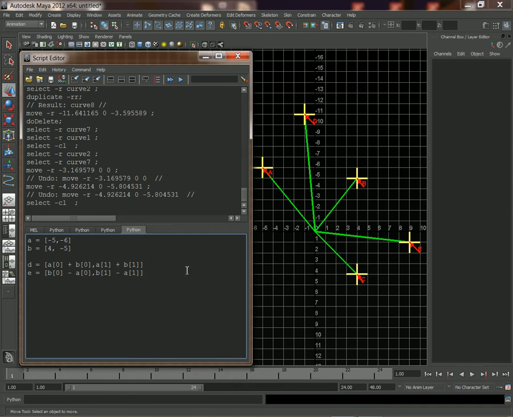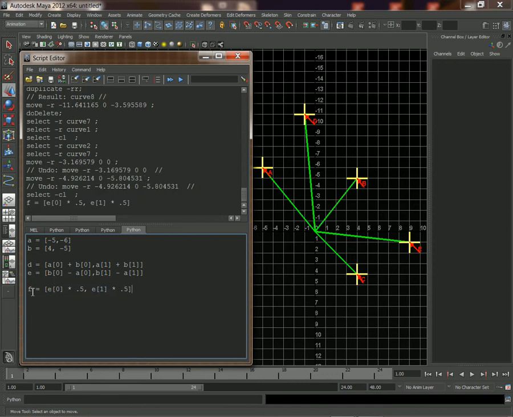So now what I'll do is I'll take E, we'll create a new vector called F, and I will say EX times 0.5, then EZ also times 0.5. And that'll give us a new point.